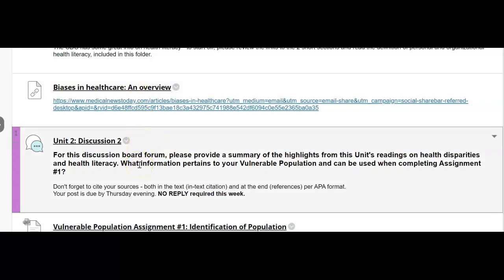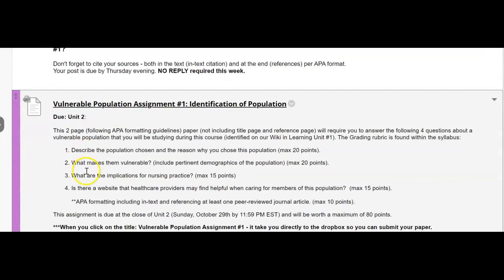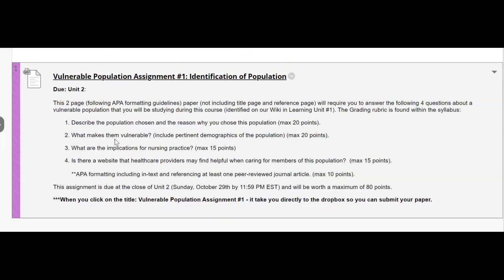So I've tried to tie it in so that I'm providing you with some information so that you can go ahead and do the last thing, and that's assignment number 1. This is just a 2-page paper, not including the title and reference page, that asks you to really answer 4 questions about the vulnerable population that you chose in our wiki. So describe this population and why you chose this population.